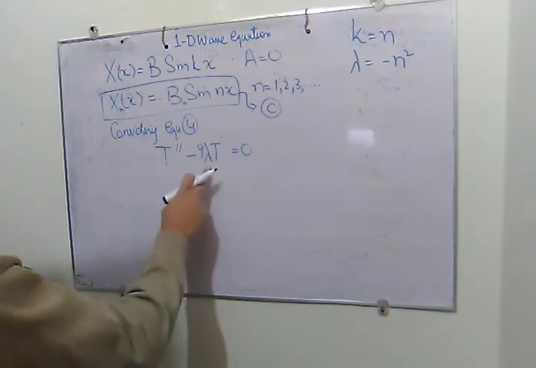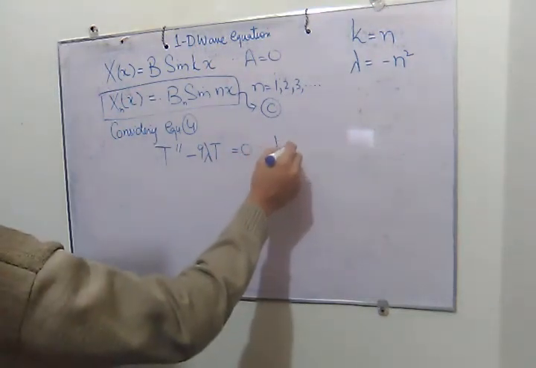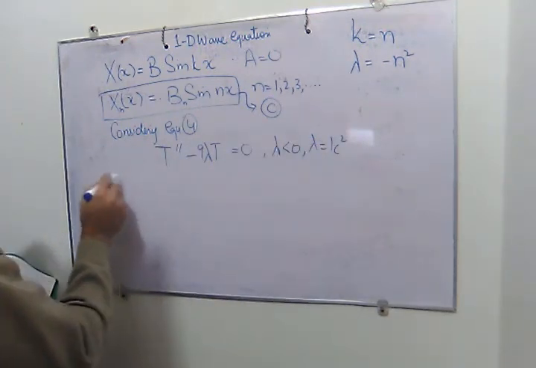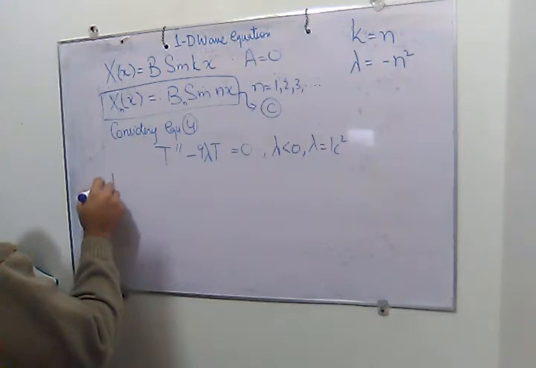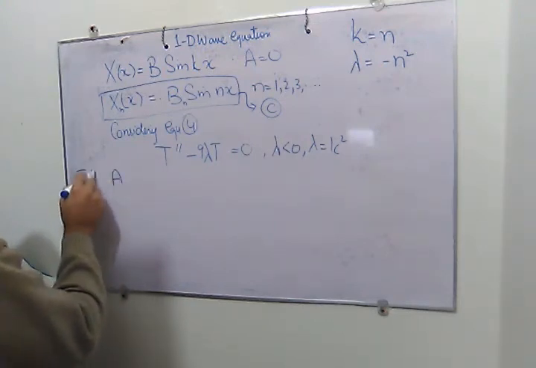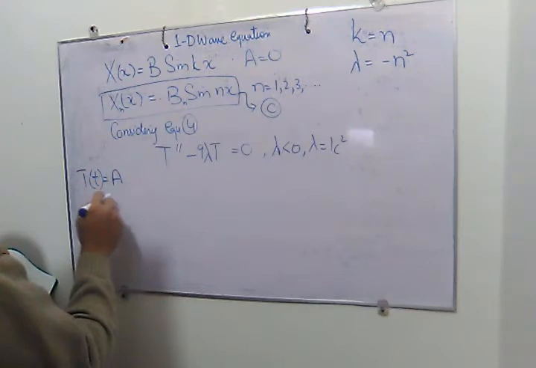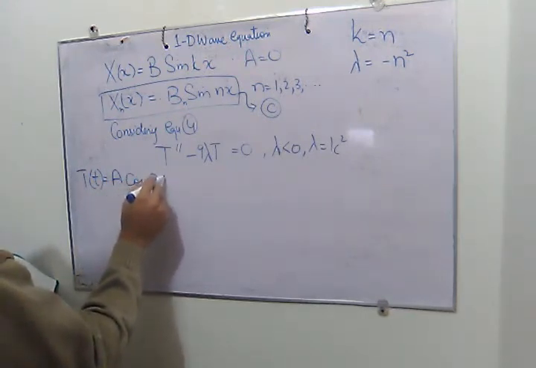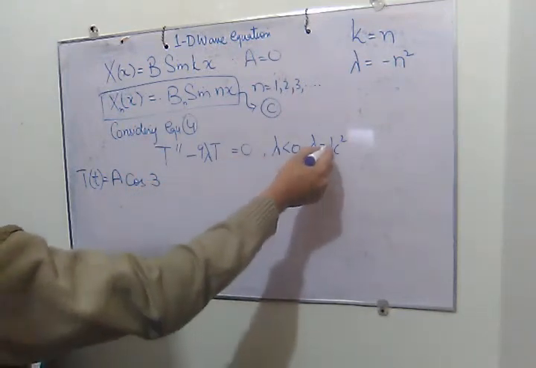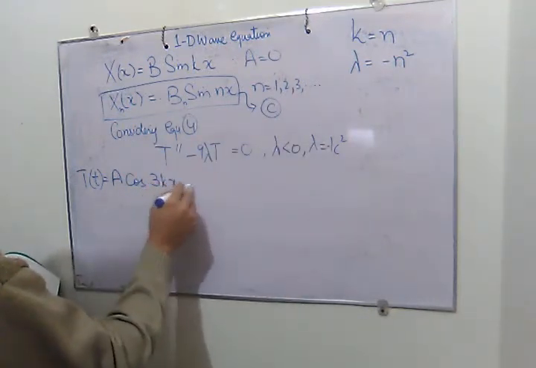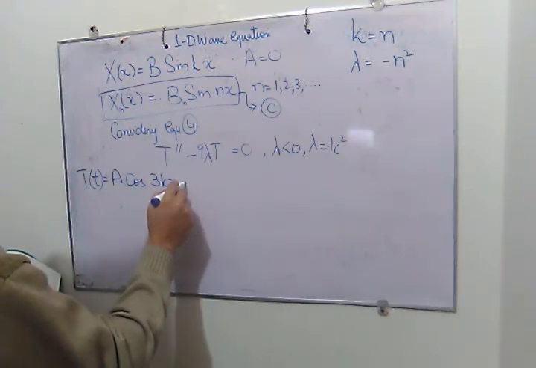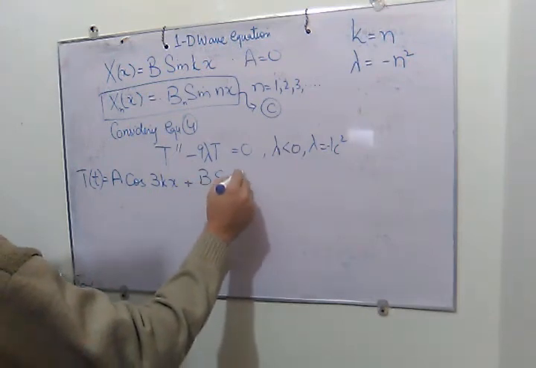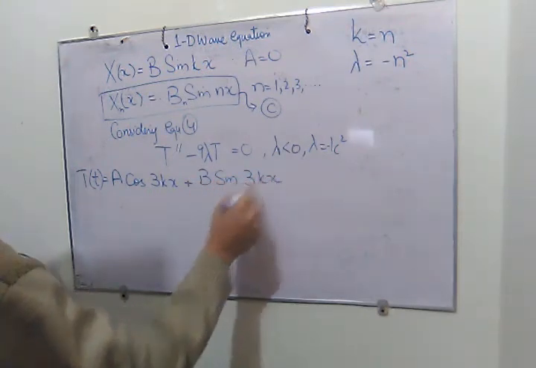So if lambda is less than 0 or lambda is equal to minus k square, then the equation will take the form, the solution will be a cos 3kx, since lambda is equal to minus k square, plus b sine 3kx.